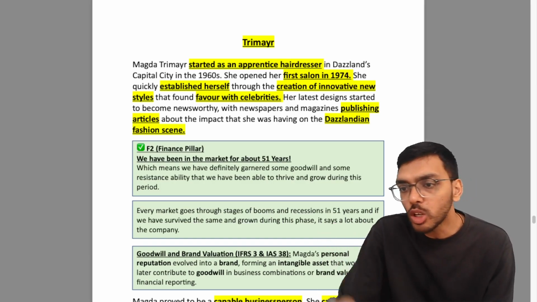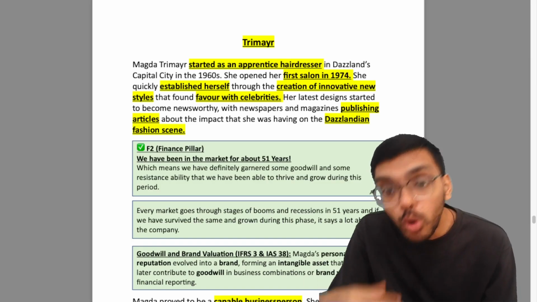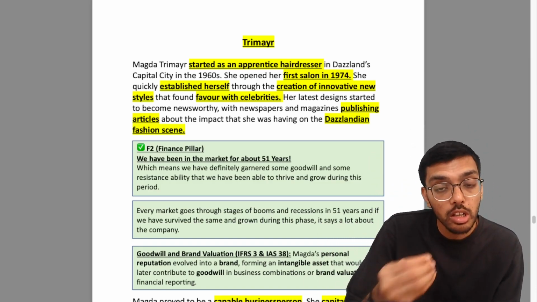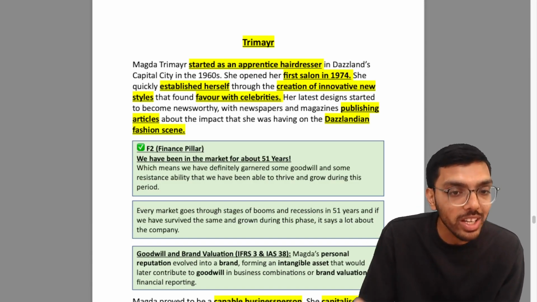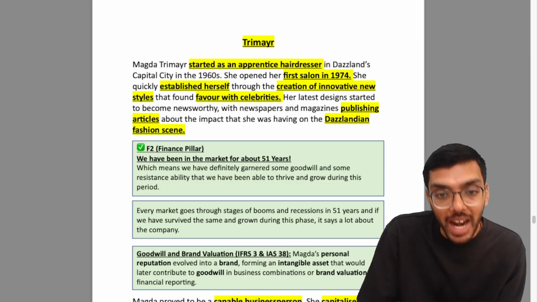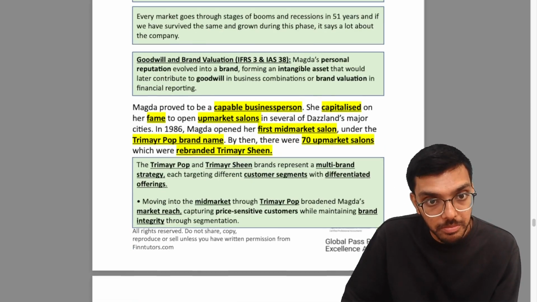You're not expected to do any calculations in the exam. But what is goodwill? How do we calculate it in terms of the theory will be important for you to know and for you to explain. So goodwill, brand valuation, this is your intangible asset. That's the discussion that I'm trying to make over here.